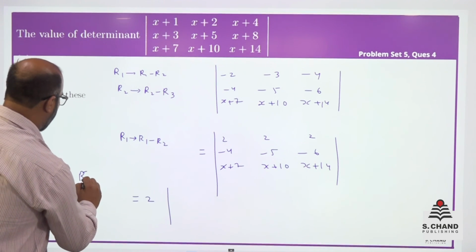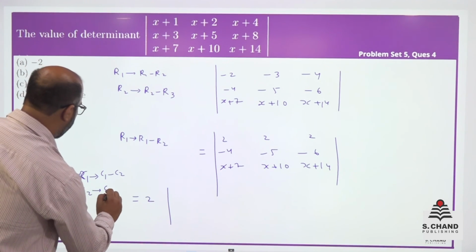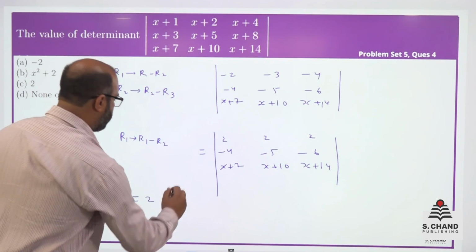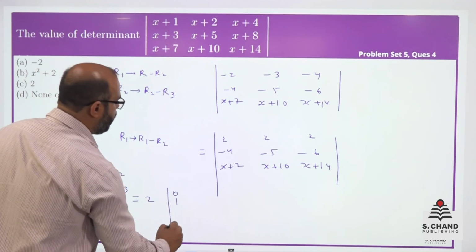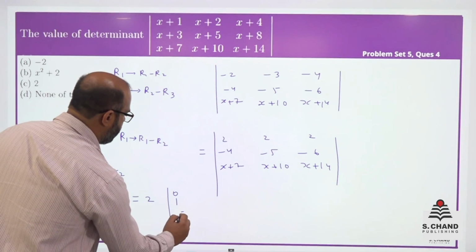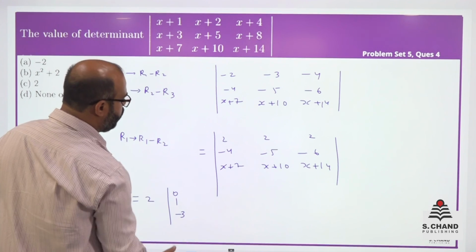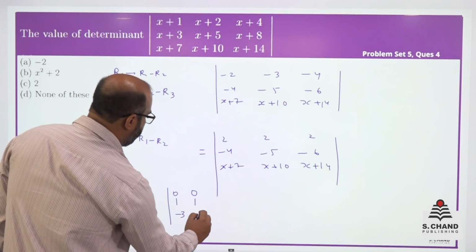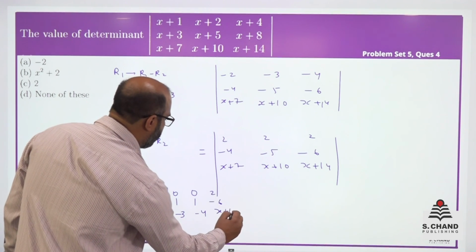and we further apply column 1 as column 1 minus column 2 and column 2 as column 2 minus column 3 after taking 2 common from the first row. So 1, minus 1, 0 and minus 4 plus 5, 1, 7 minus 10, minus 3. Here 1, minus 1, 0, minus 5 plus 6, 1, 10 minus 14, minus 4, 2 minus 6, x plus 14.